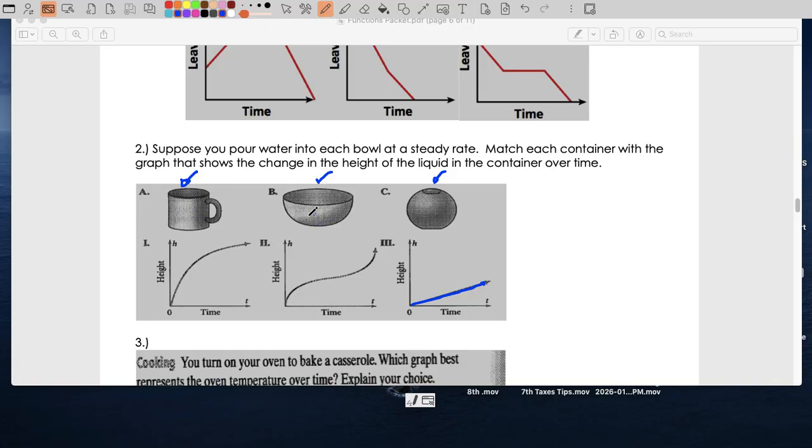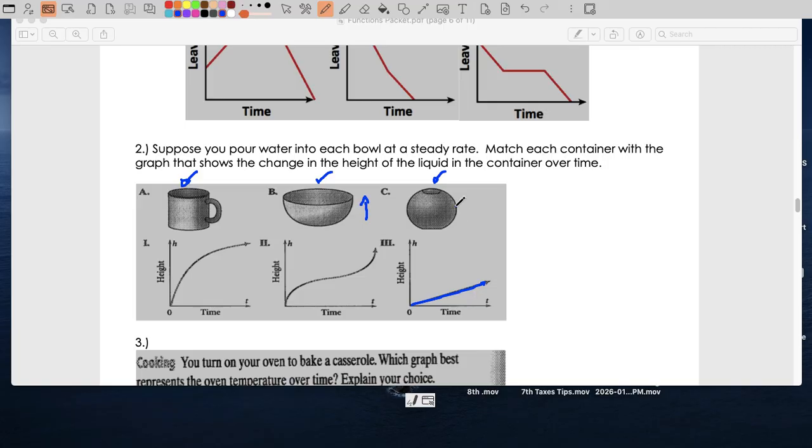Whereas this one, think about how the water fills. First, it fills fast, and then it's slowing down because the higher you go, the more water needs to be filled because the opening keeps widening.